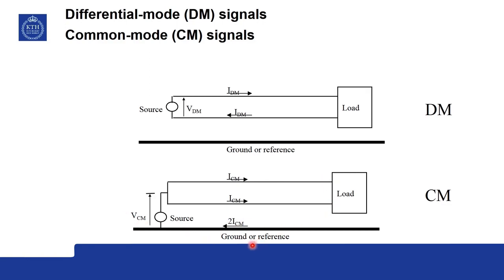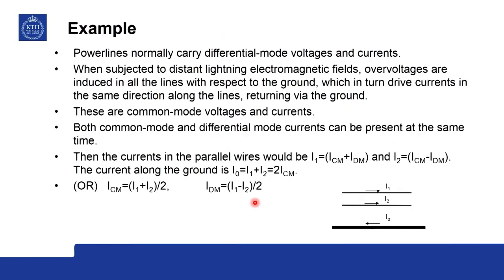If you just take this part of the circuit alone, what you experience is just currents in the same direction and same magnitude. So, this is called the common mode currents. This basic decomposition can be done. Most of the lines will have both differential mode and common mode currents, even though common mode currents can be quite small.